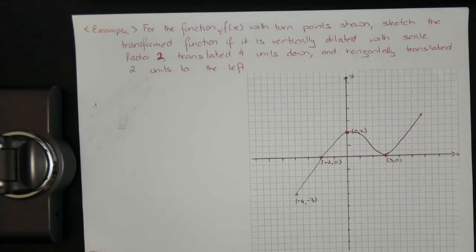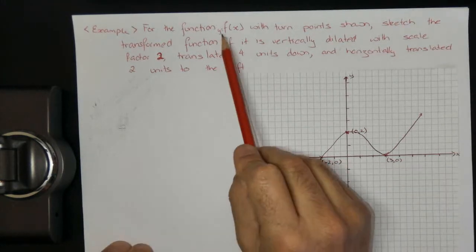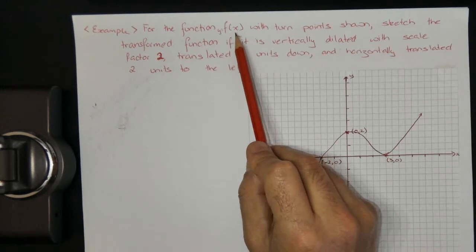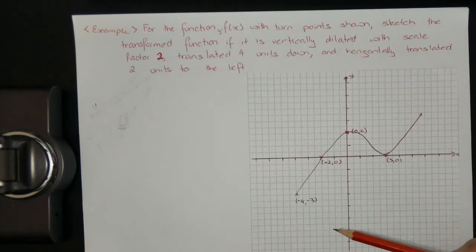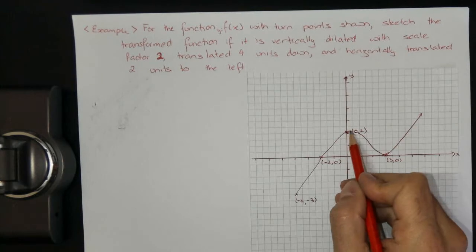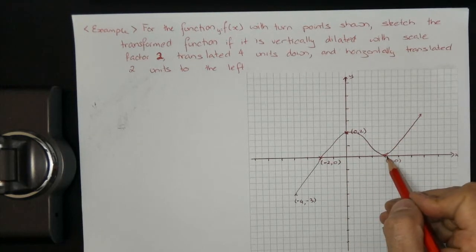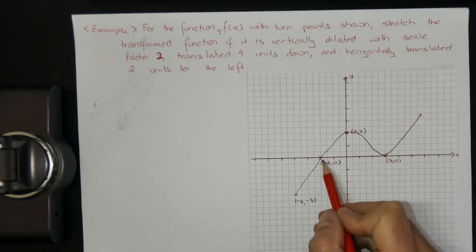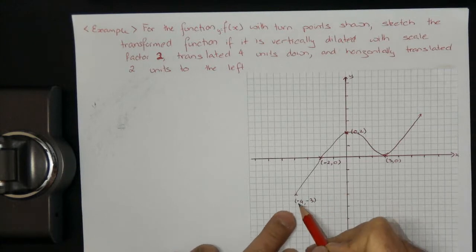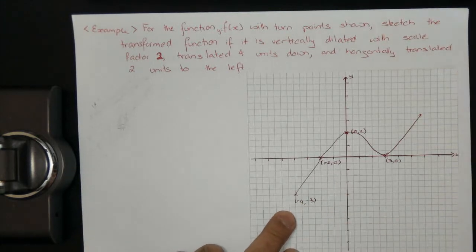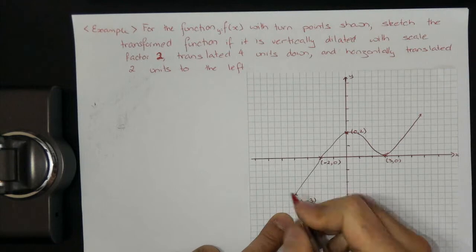All right. So let us look at this one. For a function of y equals f of x with turning points as shown. So we've got some turning points here at (0, 2) and (3, 0). I've got an x-intercept of (-2, 0), and I've got just a hidden point of (-4, -3).